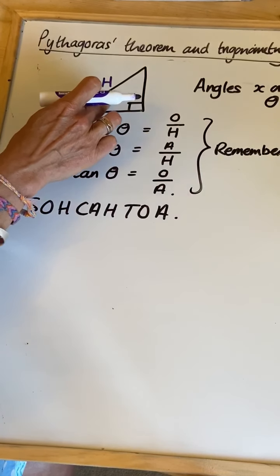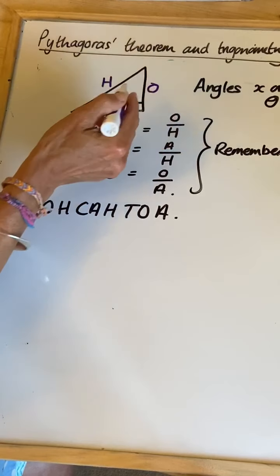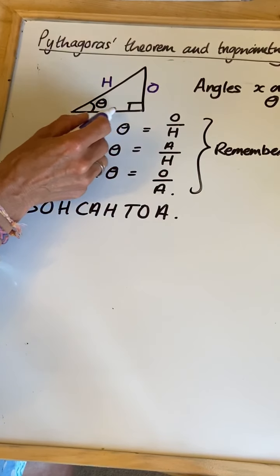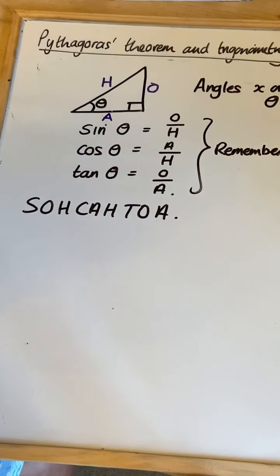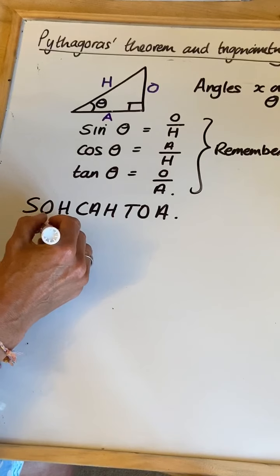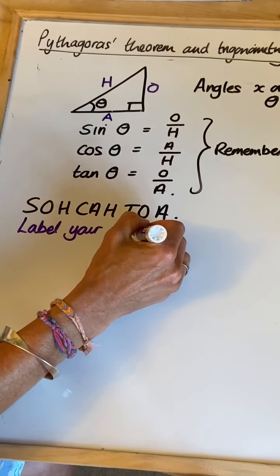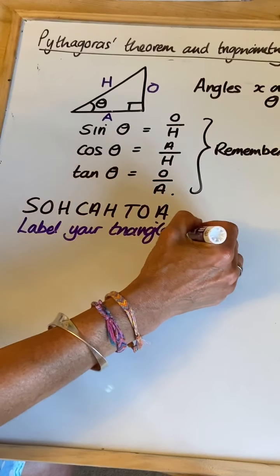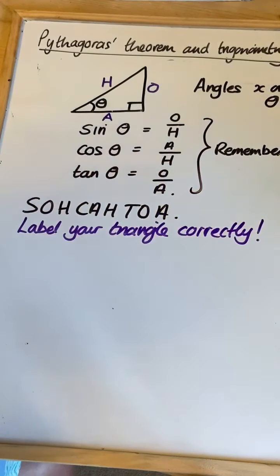The side that is opposite that is going to be your opposite side, and the side that connects to it is your adjacent side. You must label your triangle correctly, and if you don't, you will mess up these questions. Okay, so I'm going to just do a couple of examples for you to remind you of these, and then we'll be done.